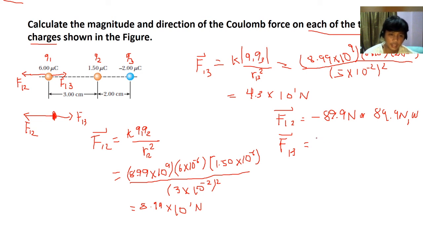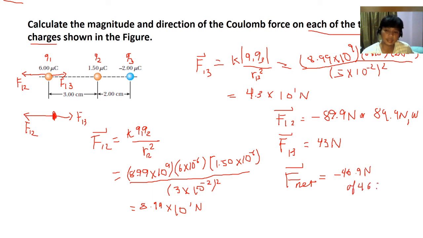F13 is 43 newtons and I'm assigning it a positive value. So let's call this F net, which is just the sum of F12 and F13. Since they belong to the same horizontal line, you can just add them, and you will get negative 46.9 newtons, or 46.9 newtons west.